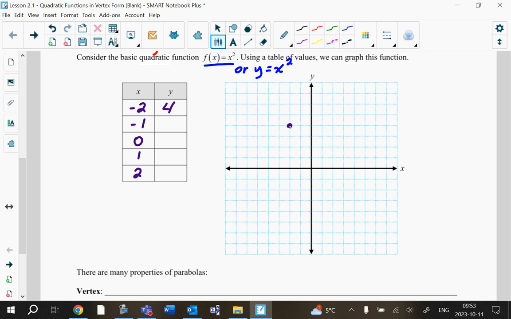Notice I'm using the table of values method here. What is negative 1 squared? 1. So negative 1, comma 1 is another point. Kind of looking like a line, but we're going to see it change. If I plug 0 in, what's 0 squared? 0.